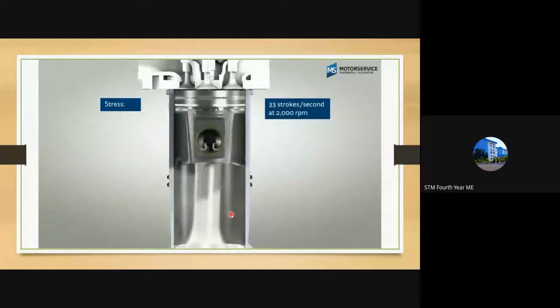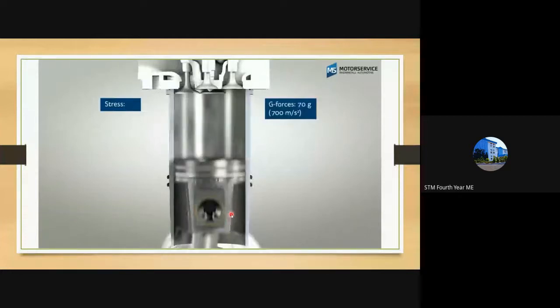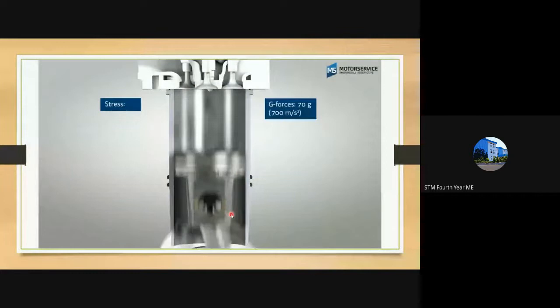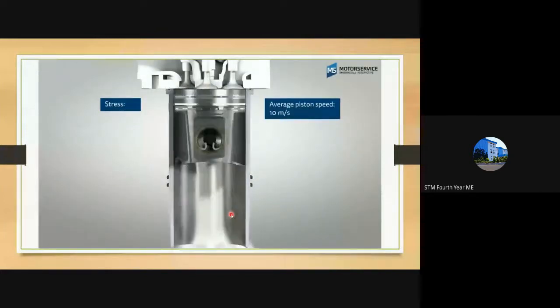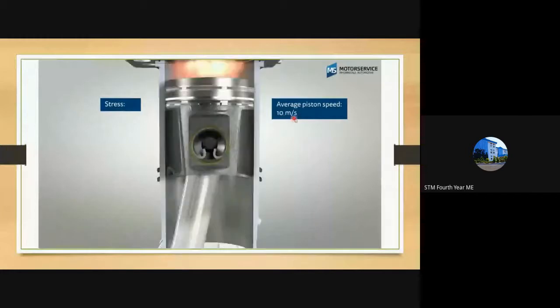So this is the normal cycle of an engine. This is how fast the piston moves inside an engine. There is an average piston speed of 10 meters per second.